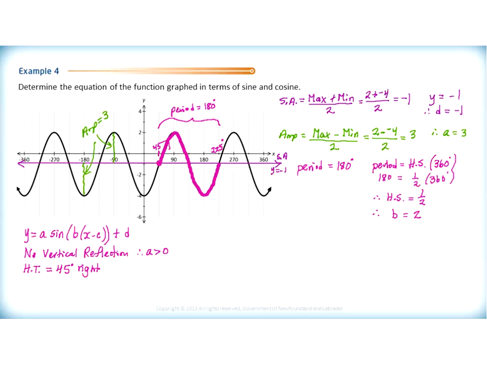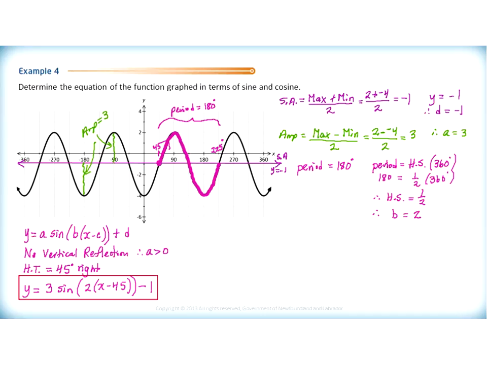So now we can write the equation of this function as y equals 3 multiplied by the sine of 2 times x minus 45, plus the value of d, which is equal to -1. So we just say -1 at the end. And that will give us one equation that represents the graph of this function in terms of sine.